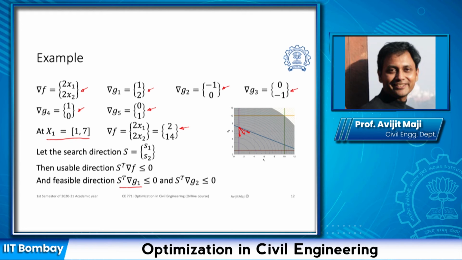And we also need to ensure that in that particular direction my function value is going to be reduced. So we can say that a direction is usable if the gradient of the objective function pre-multiplied with the direction is going to be less than or equal to 0.